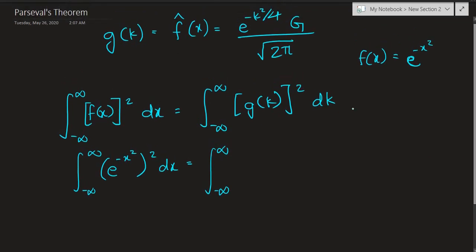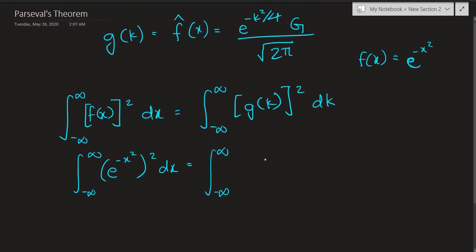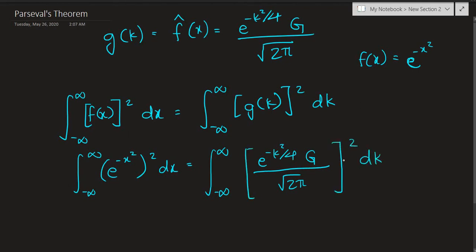We just wrote that here. So it's this thing. We have e raised to negative k squared by 4 times g, which is the Gaussian integral itself, over square root of 2 pi, the whole thing squared, dk.